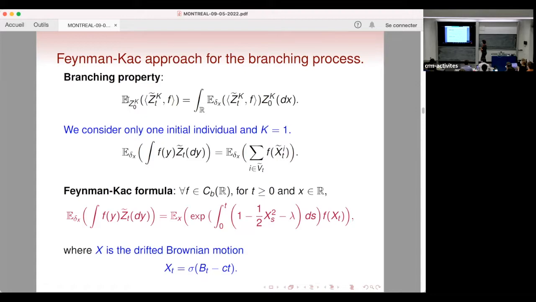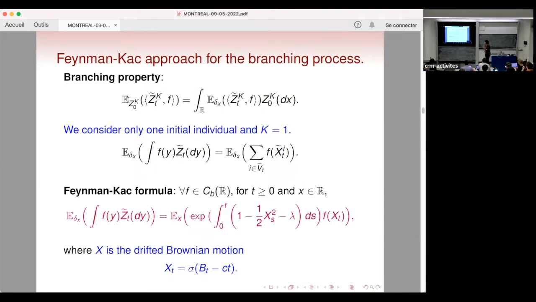I have different notations which are equivalent. Here we are in the branching process setting, so I put a tilde on everything that concerns the branching processes. So V tilde_t is the set of individuals alive at time small t, and X tilde^i_t is the trait in this setting for the individual labeled by i.